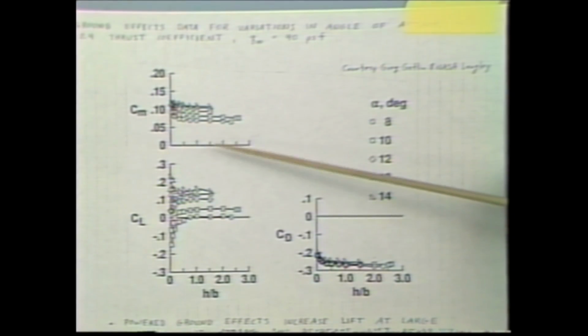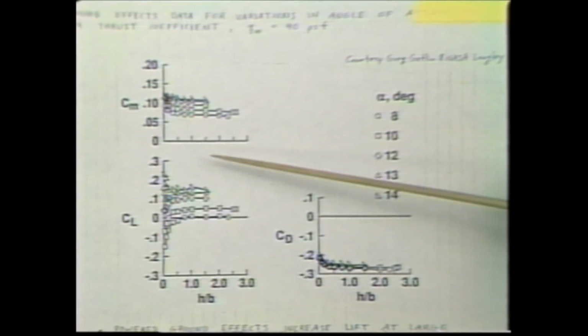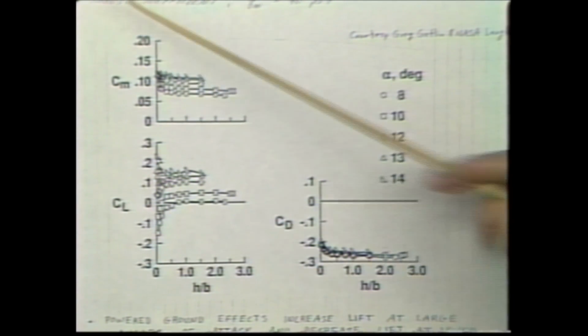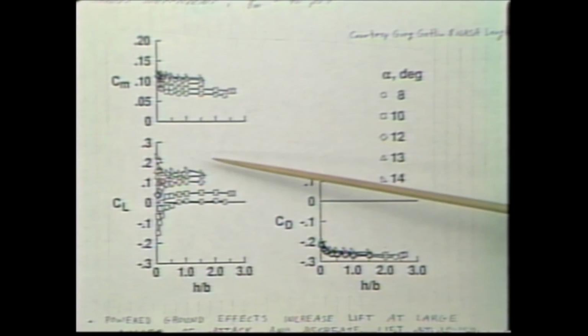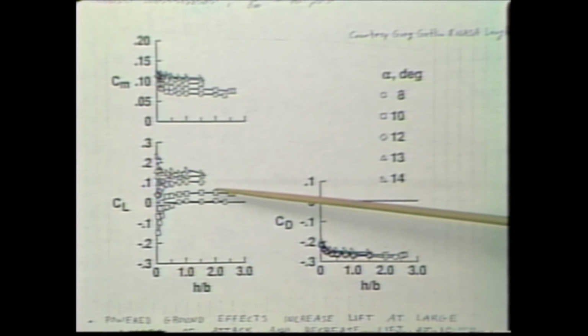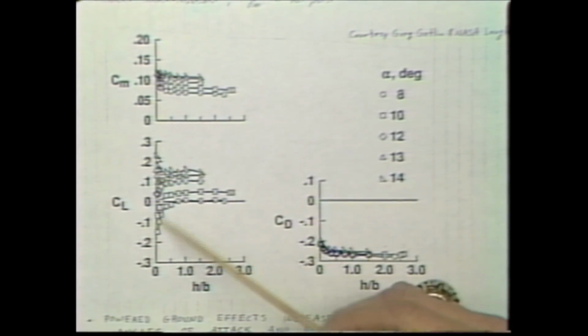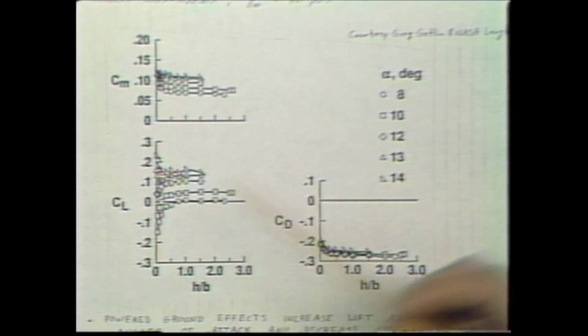That was as a function of thrust coefficient. This data here is for a given thrust coefficient of 0.4, and at different angles of attack. What's interesting here is at lower angles of attack, around 8, you get that negative lift powered ground effect.